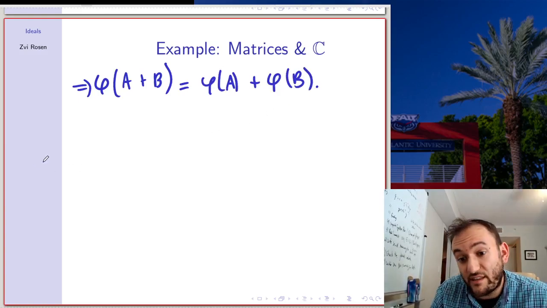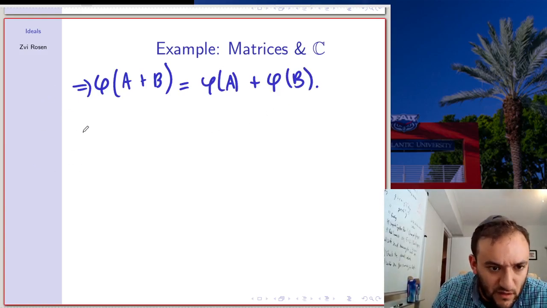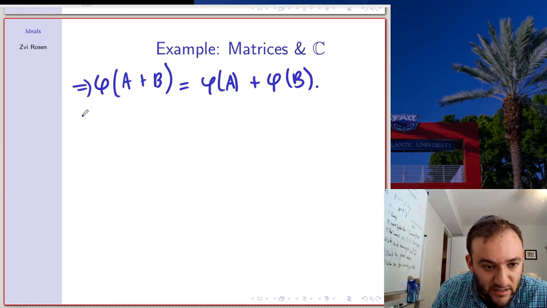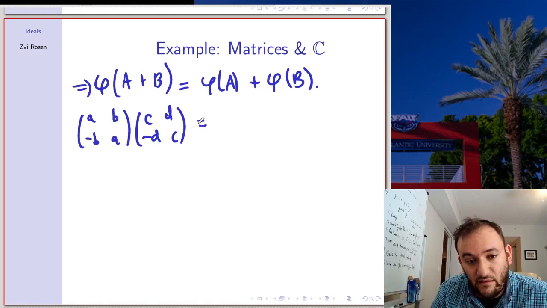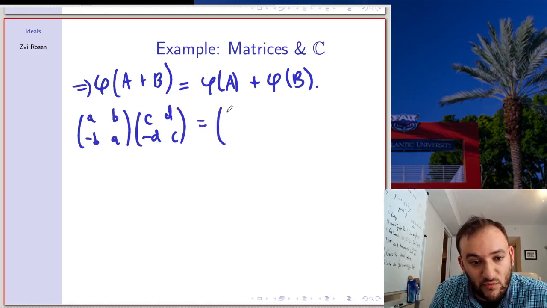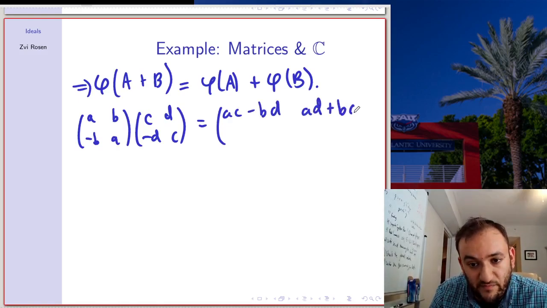Okay, and now we have to check the same is true for multiplication. So let's look at a product of matrices: (a, b; minus b, a) times (c, d; minus d, c). Carrying out typical matrix multiplication, we get (ac minus bd, ad plus bc; minus (ad plus bc), ac minus bd).